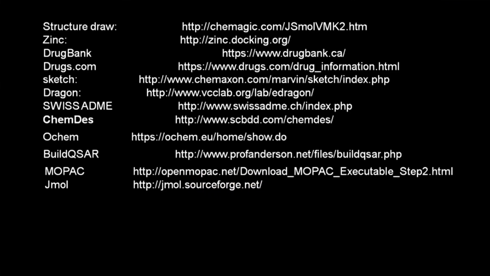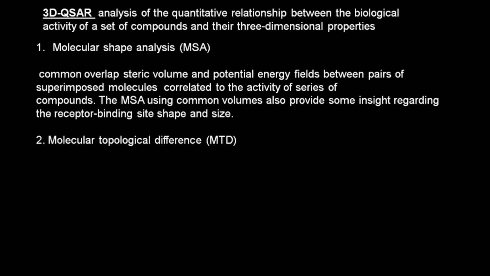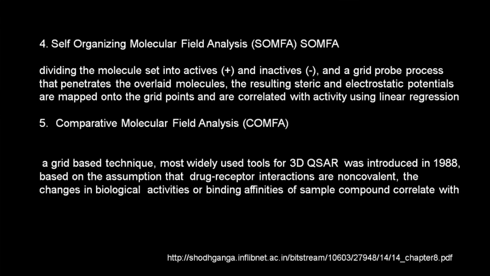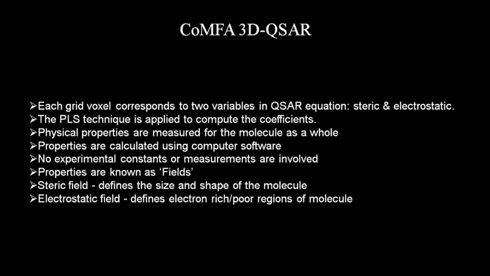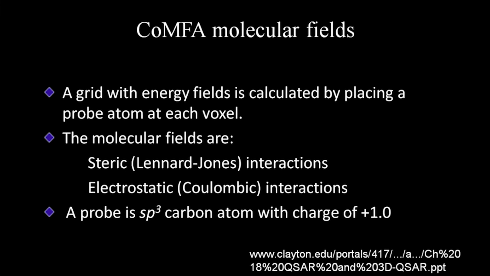So how do you calculate the steric and electrostatic information? For steric you use the Lennard-Jones interaction. For electrostatic, you look at the Coulombic interaction, right? And then you place it at each grid point.